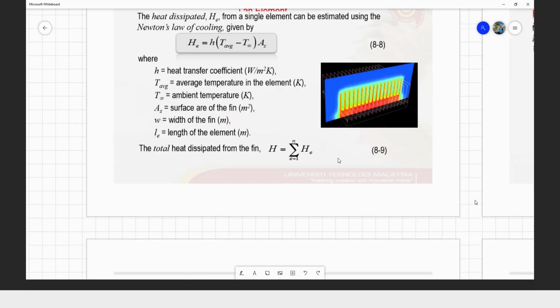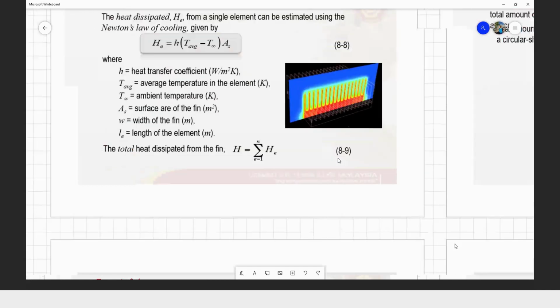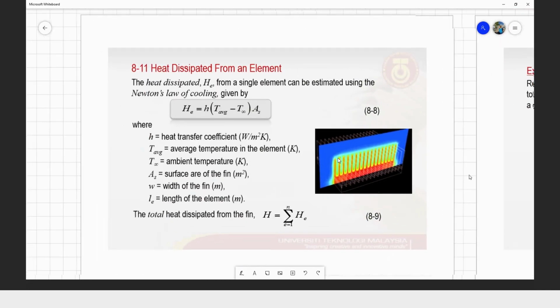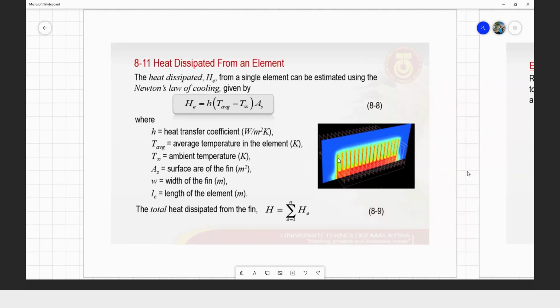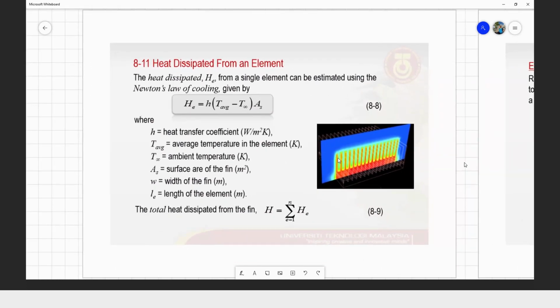So, okay, there is an example below. I think it's better we settle the theoretical part, because this topic is very straightforward actually.